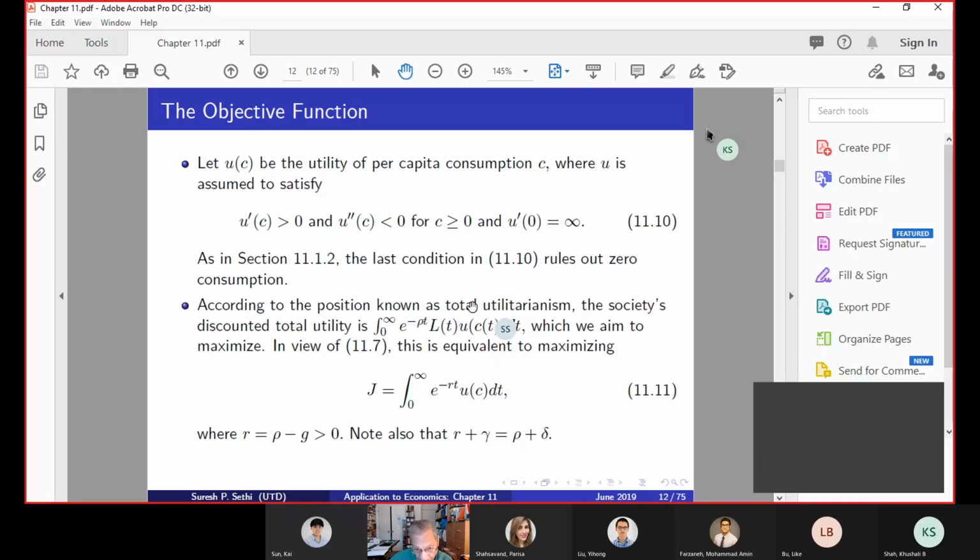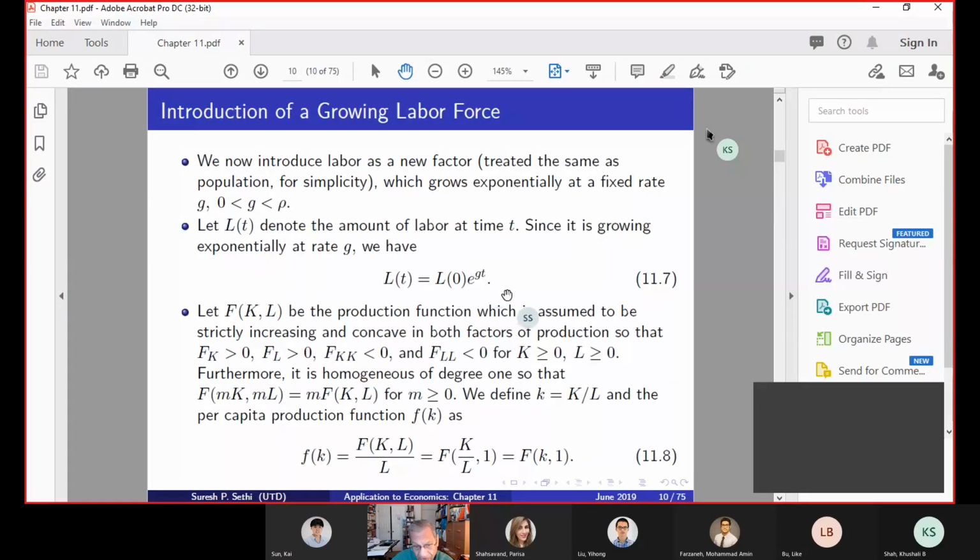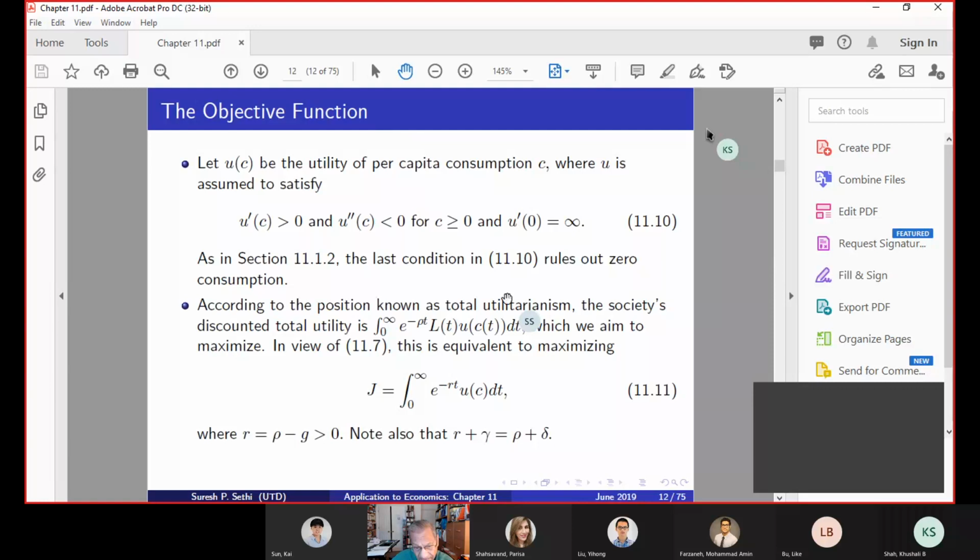Okay. So if you take this approach, then I can substitute for L(t), L0 e to the gt, and then I can take L0 outside. I have e to the gt here, and e to the gt and this rho becomes g minus rho.